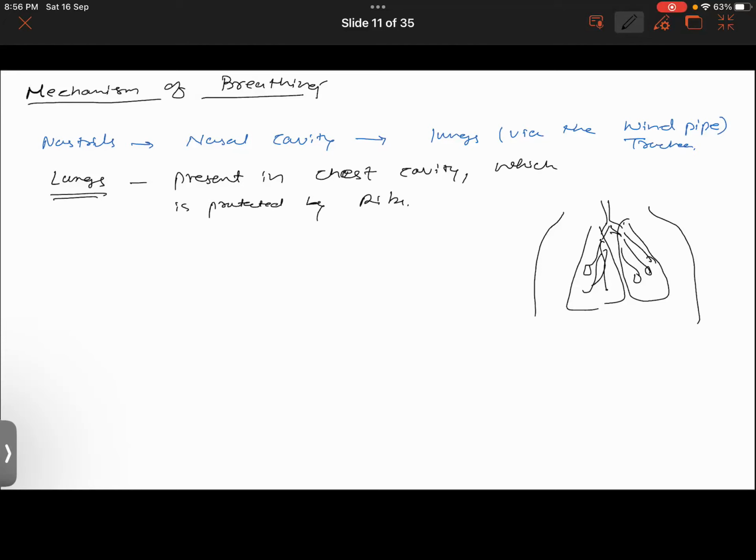If you were to look at the ribs of the human body, it actually consists of 12 pairs, as you mentioned earlier. It somewhat looks like this, and it is joined to the spine all the way back.